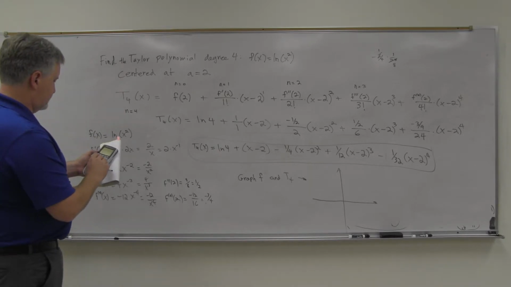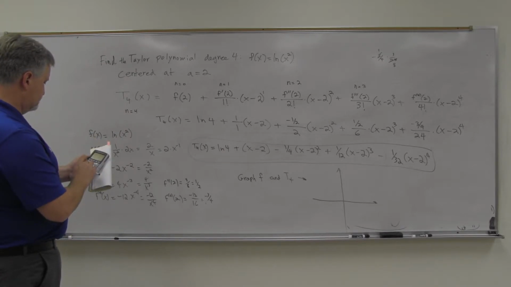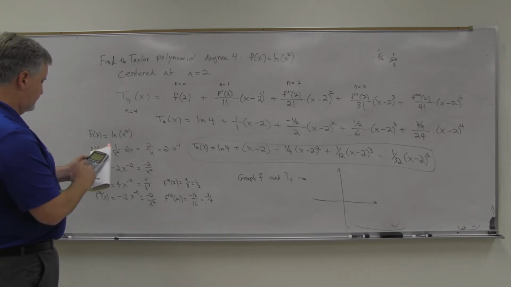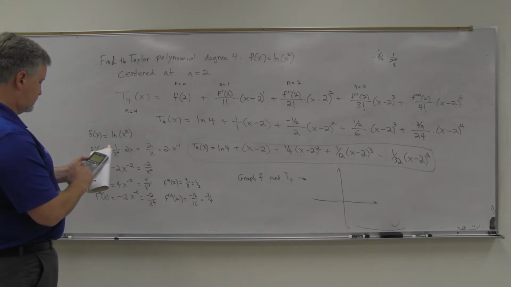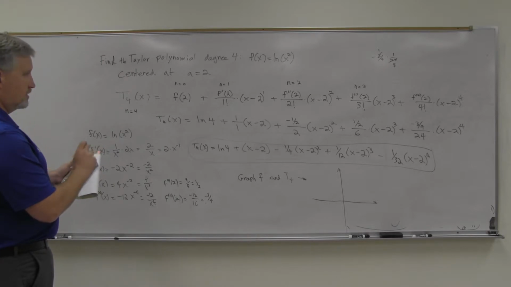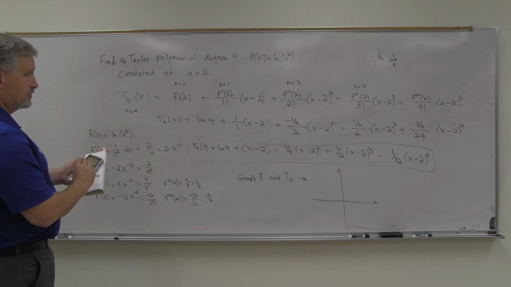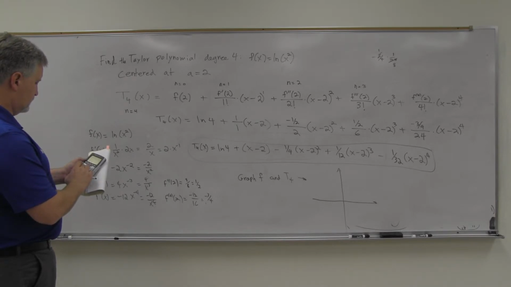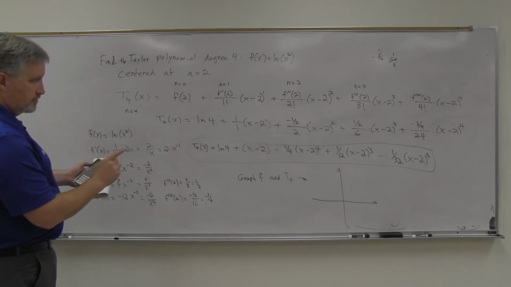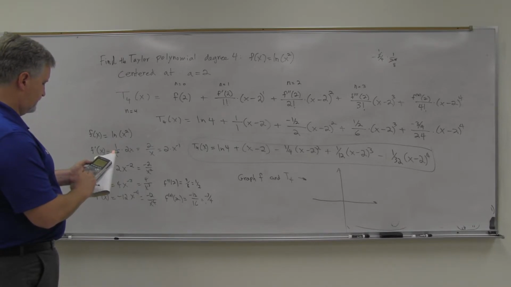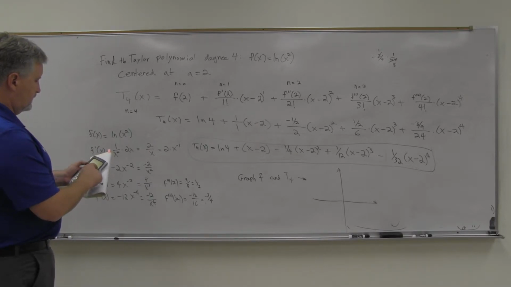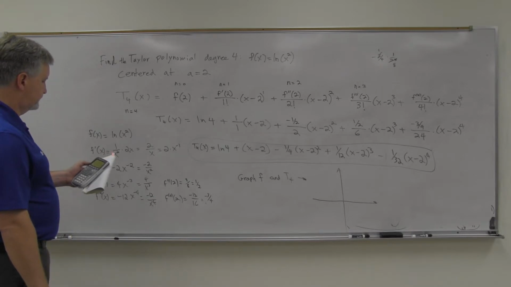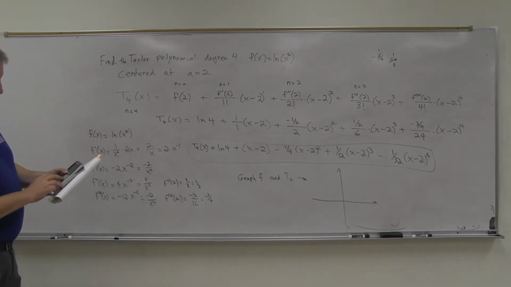All right, then we've got T4: ln 4 plus x minus 2, minus 1/4 x minus 2 squared, plus 1/12 x minus 2 cubed, minus 1/32 x minus 2 to the 4th. Now let me see.